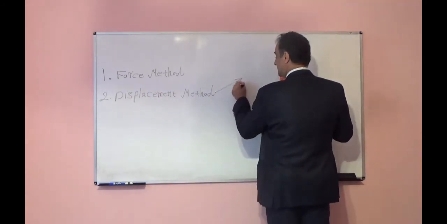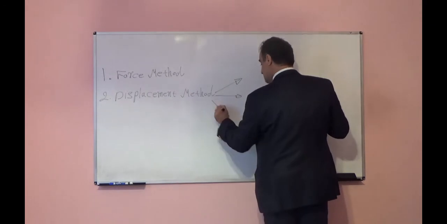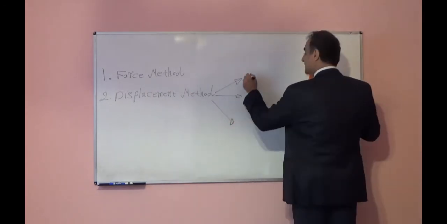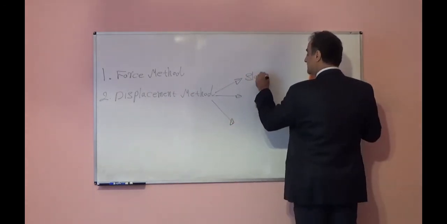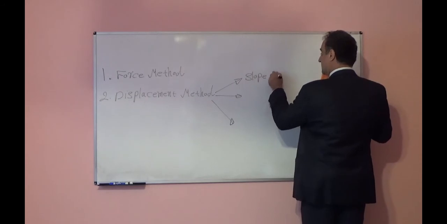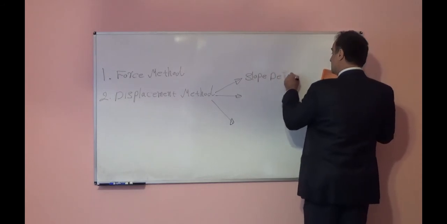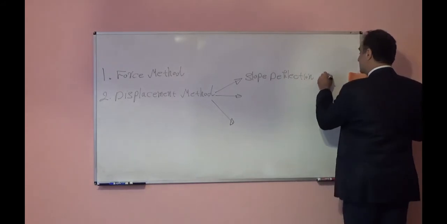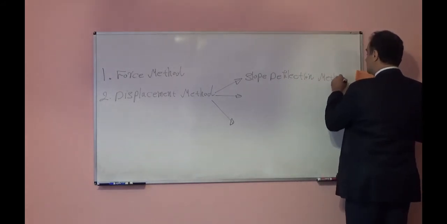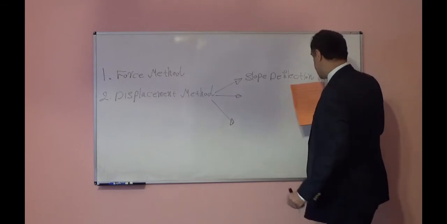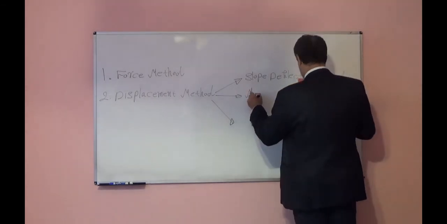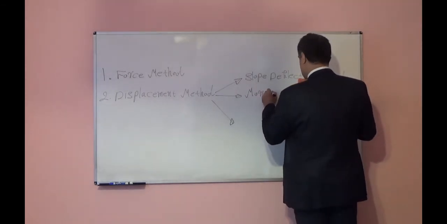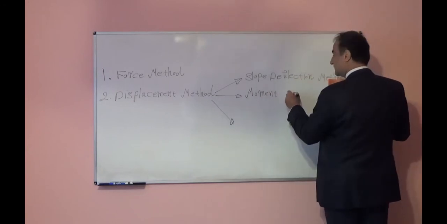The displacement method will be divided into three different methods. One of them is slope deflection, a very unknown method for solving indeterminate structures. Another one is the moment distribution method.